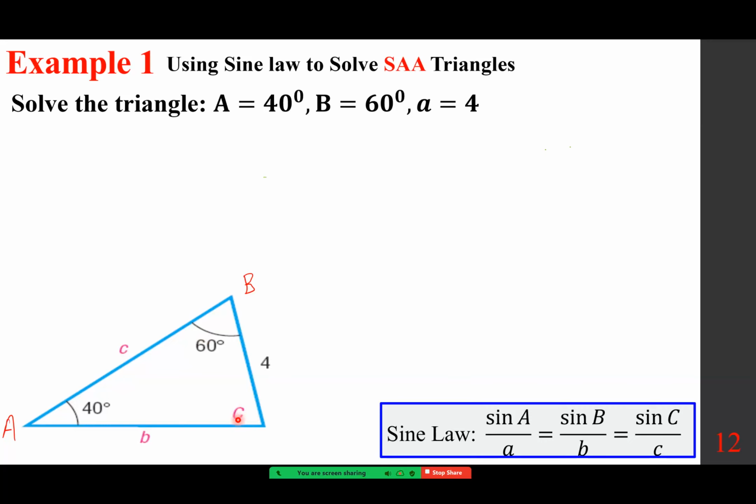So the first thing we do, we find C, which is 180 minus the sum of those two. Again, the sum of all interior angles is 180 degrees. So this one plus this one plus this one is 180. So that becomes the angle C.